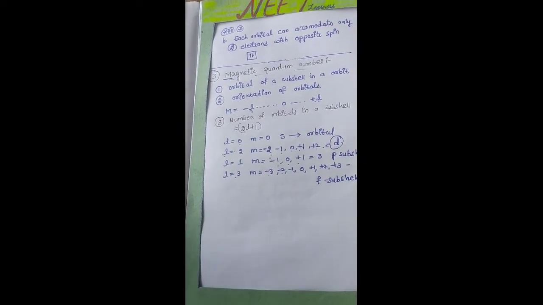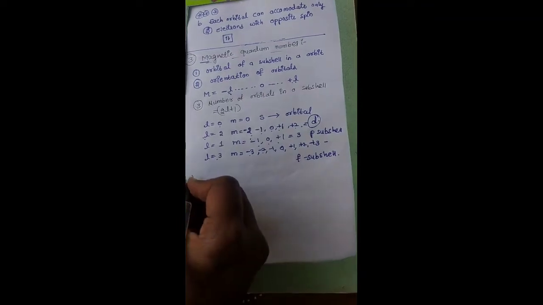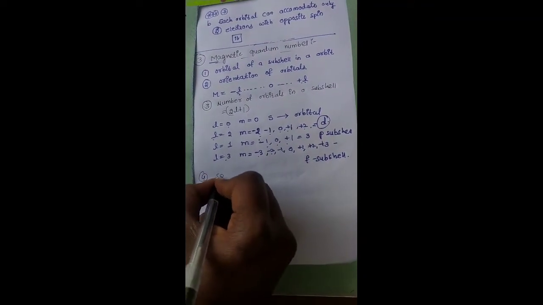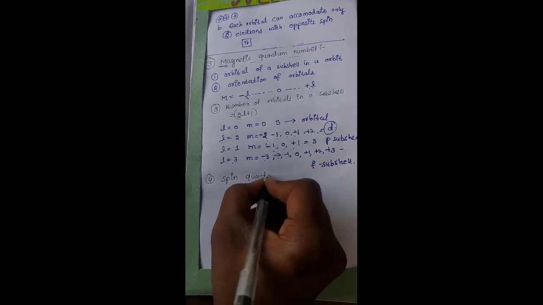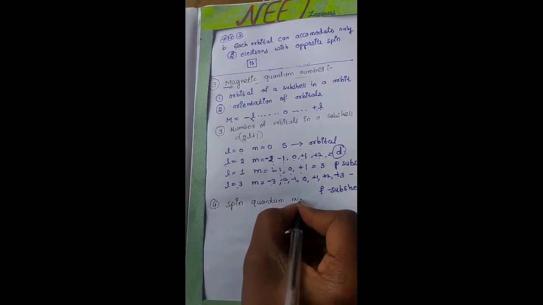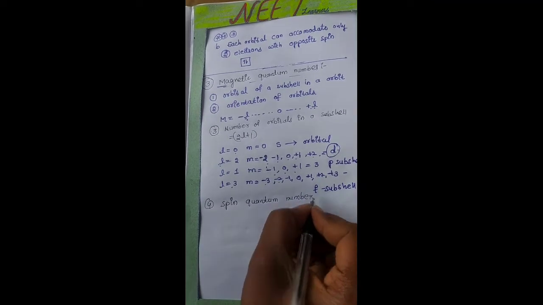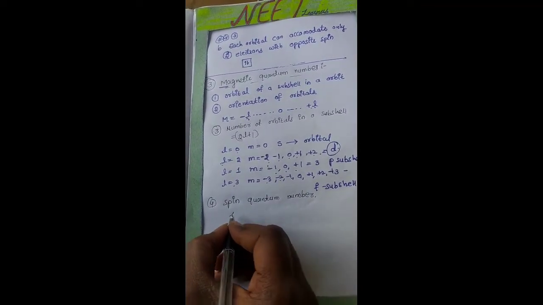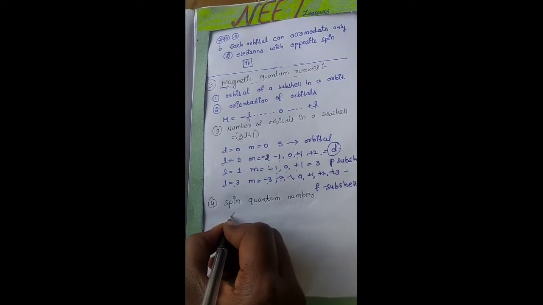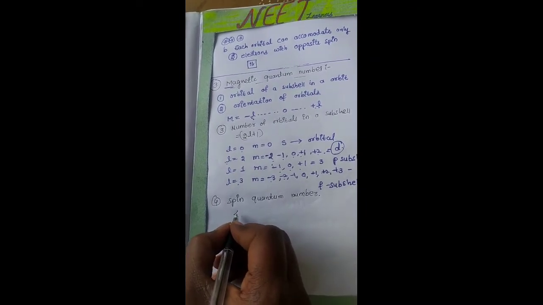The next quantum number is the spin quantum number. Previously I have discussed the spin quantum number. It's mainly about Pauli's principle. It explains that one electron should be in an orbital with opposite spin.